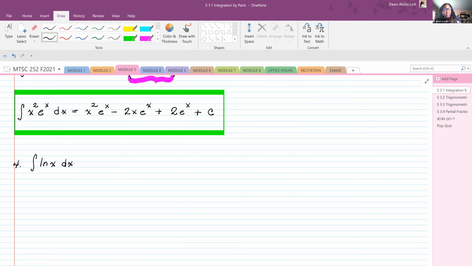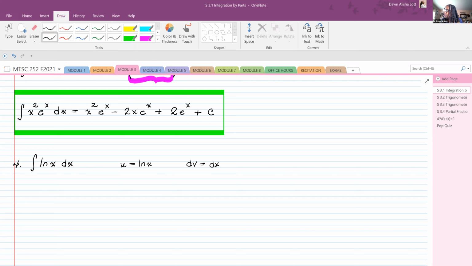So if the log of x is all I have, I need to make that thing u, and whatever's left is dv. I don't have anything else to make u. I can never make u dx. I can make dv dx, but I can never make u dx. So therefore, u has to be the log of x, and dv has to be dx.